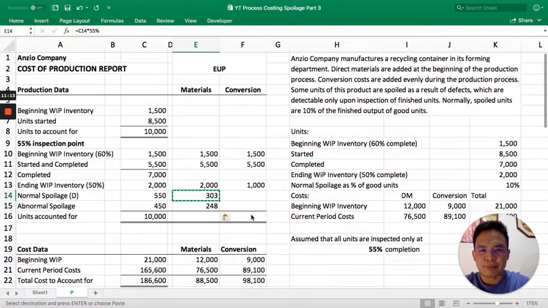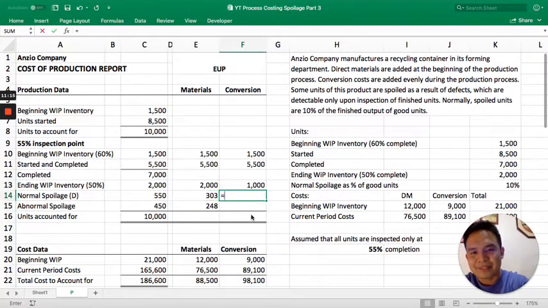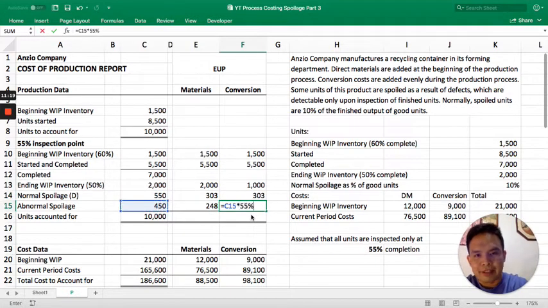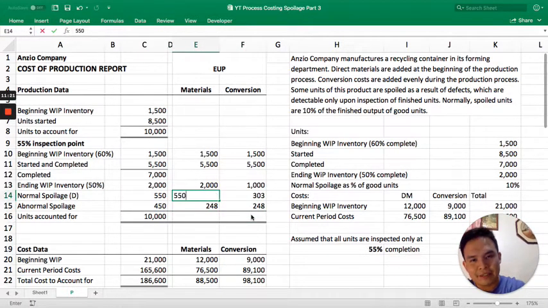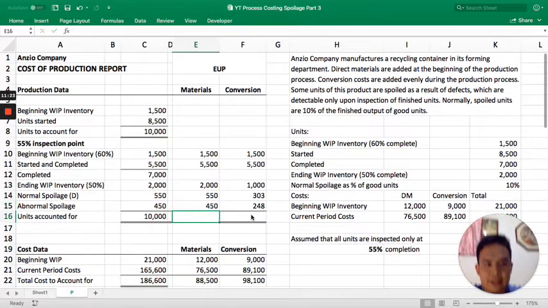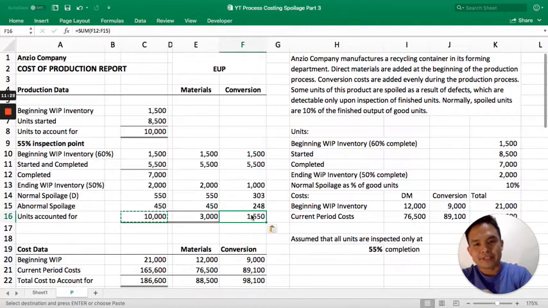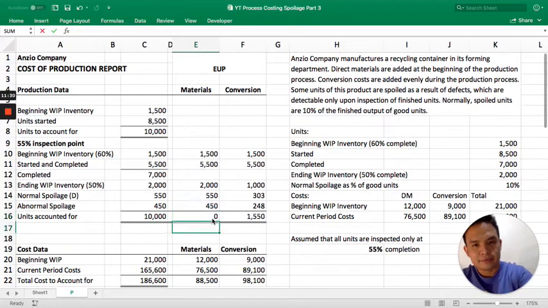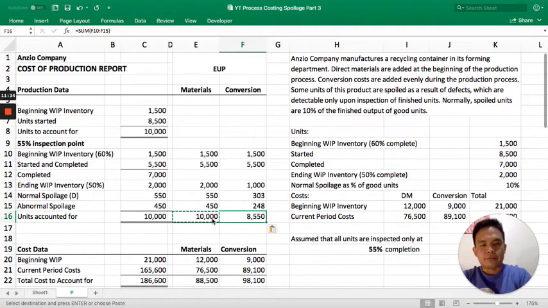And then, syempre, tapon mo na ito. Oops, may mali ako. As to materials, kompleto na, kasi at the start. And EOP will change. So there. Those are the first two changes if you move the inspection point.